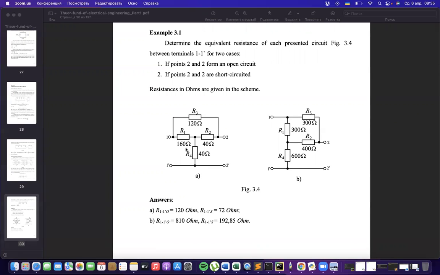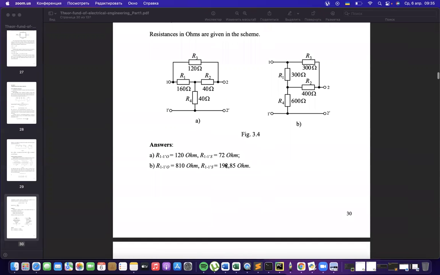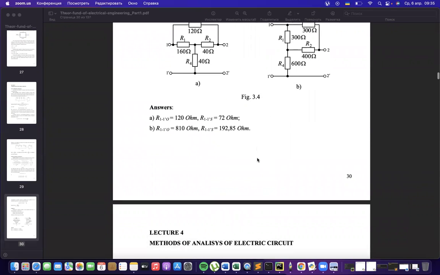If we have a combination of elements, we're looking for resistivities between initial points, between points 1 and 1 with dot, 2 and 2 with dot, just practicing how to search for it.